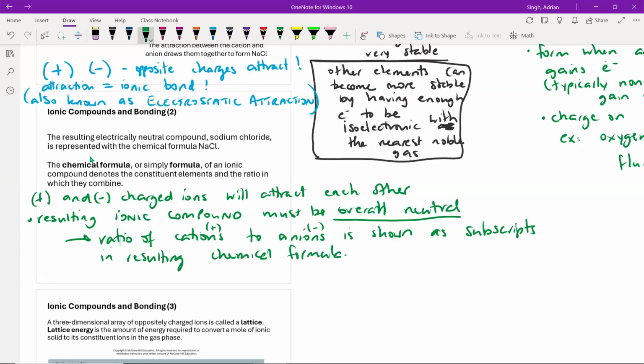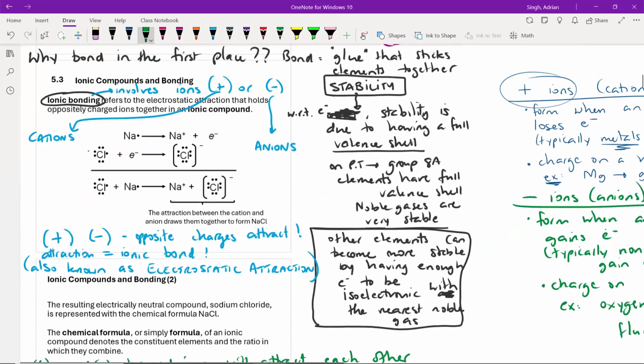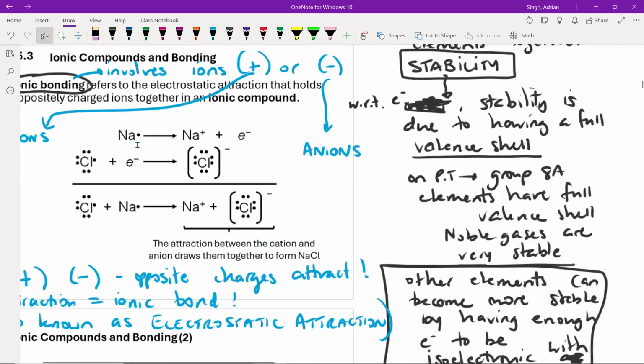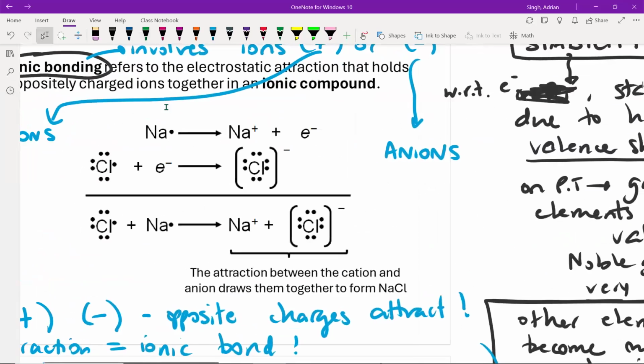So the example that we have up here on top is the simple case of sodium and chlorine, okay? So we have our sodium atom that wants to lose that one valence electron. It forms a charge of +1, right? It makes sense because sodium's in group 1, so it forms a charge of +1.